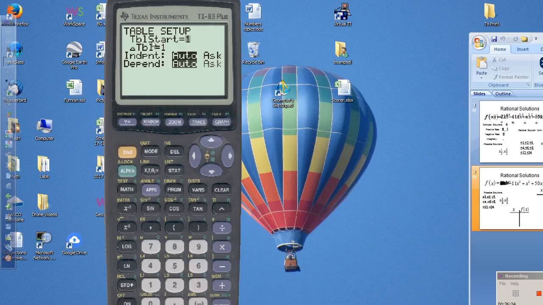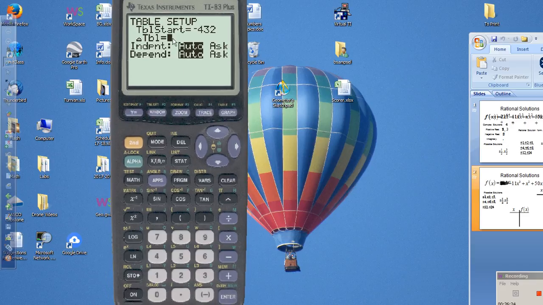And for your table start, put your lowest number. So what's the lowest number in this list? Negative 432. Now, for delta table, you put the smallest increment. So if you have fractions, you put 1/2.